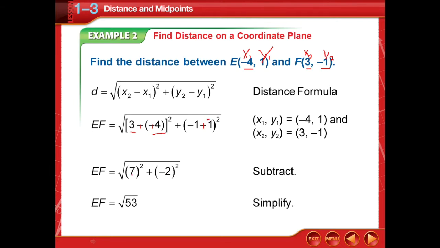When you simplify, 7 squared becomes 49, -2 squared becomes 4, and you get the square root of 53. You may leave it as the square root of 53. You do not need to simplify it into a decimal at this point.